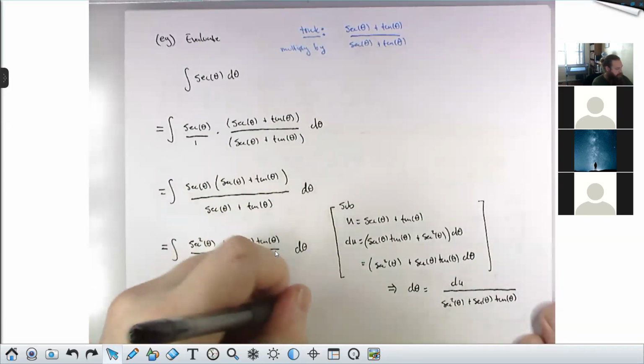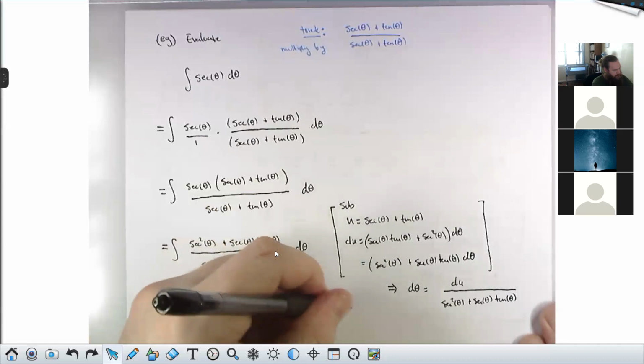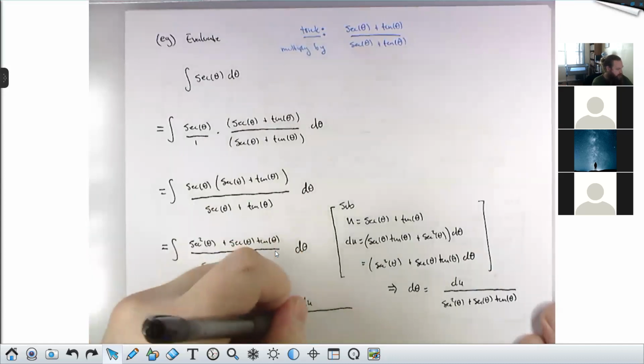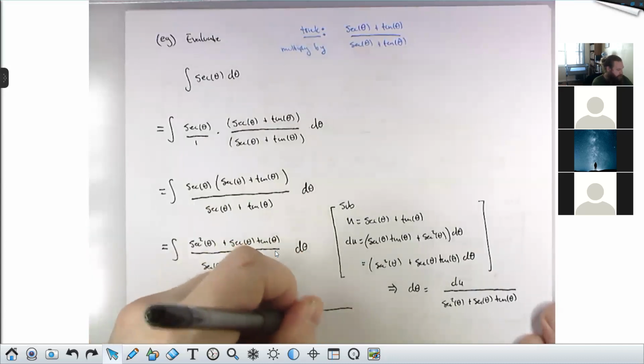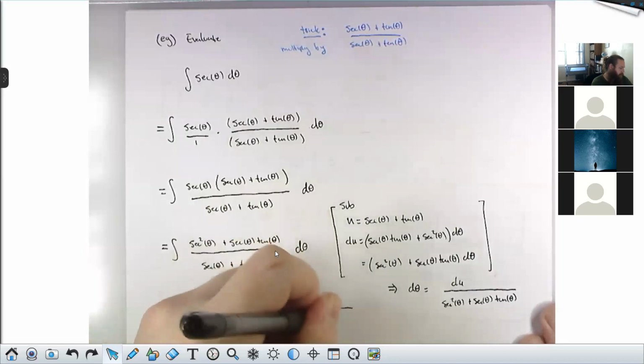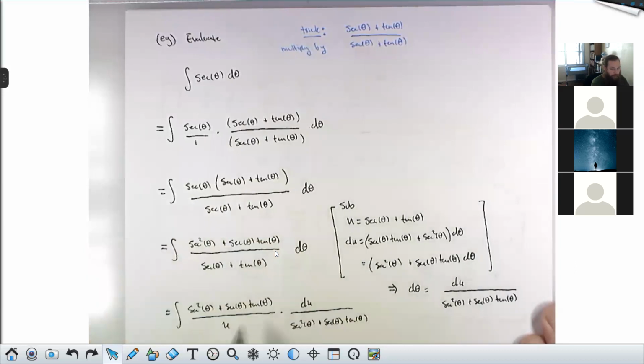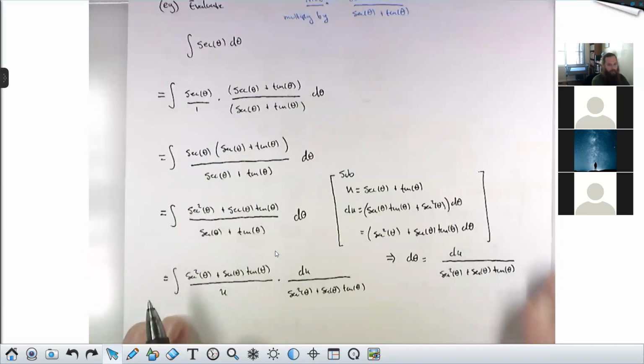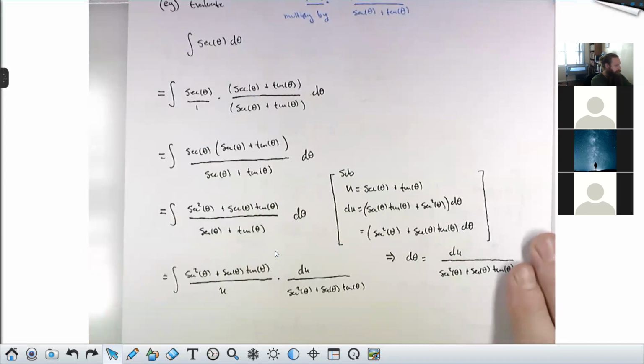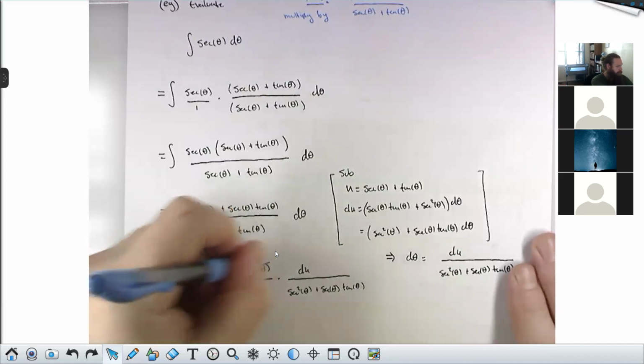So that's what goes here. Du over secant squared theta plus secant theta tangent theta. And again, fractions, grouping symbols, parentheses, these cancel perfectly.